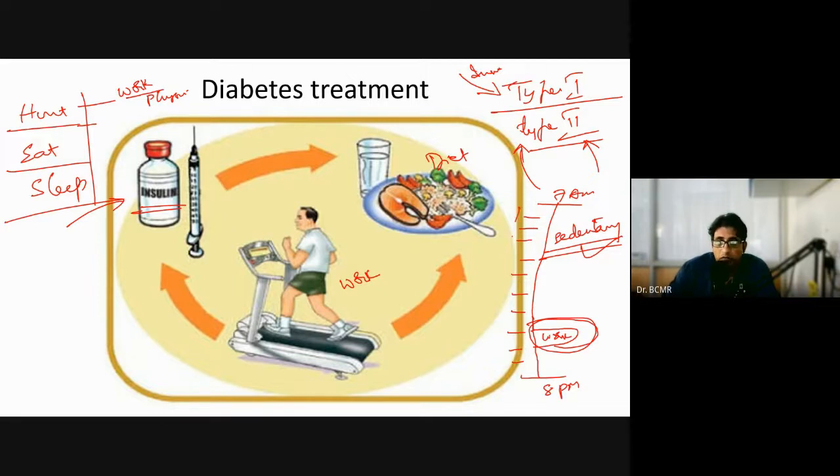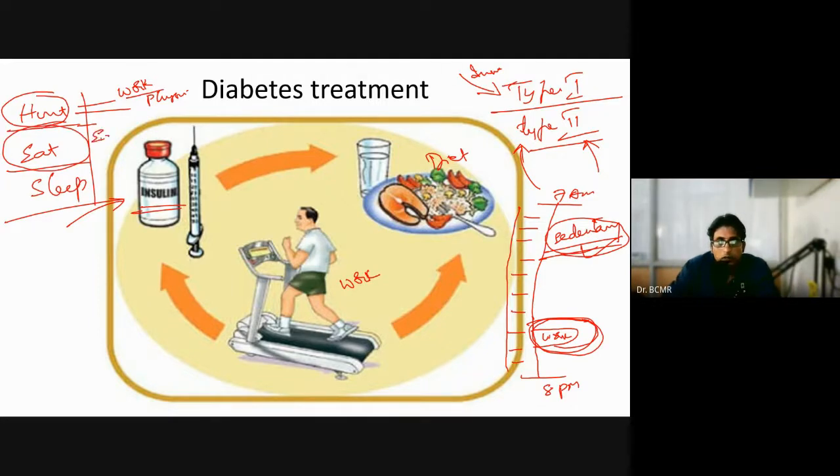So the problem is not about working or not. The problem is being sedentary for too long. So hunt is about work. Physical activity should have been there. That is one problem.